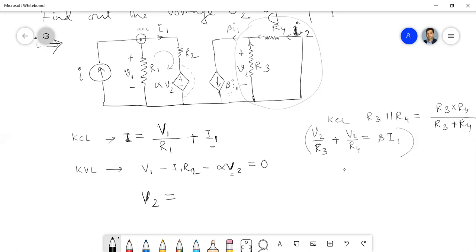V2 টা কি লিখবো বলো? We have to apply KVL? আবার KVL কেন? এইটা থেকে beta I1 equals to V2 by R3 plus V2 by R4. Sir, V2 equals beta I1 into R3 R4 by R3 plus R4. কি বুঝতে পেরেছো না পারোনি এখনো?